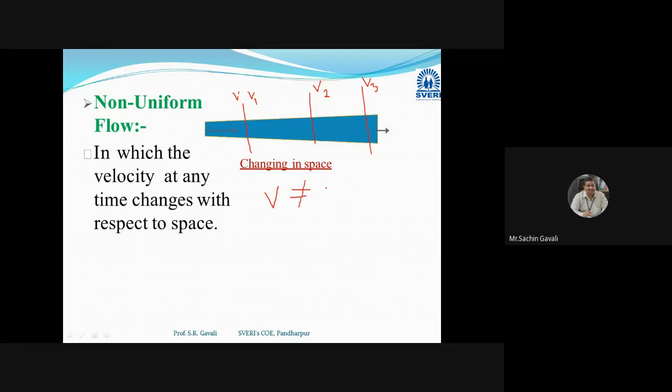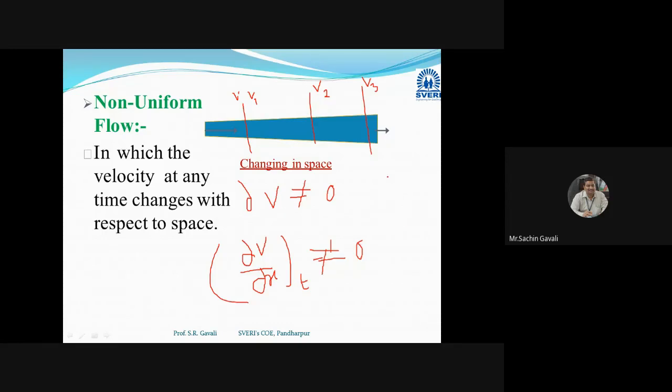Here it is called what? dv is not equal to 0. So there is change. For example, ∂v/∂x, velocity v along the x-axis, at the same time interval, t = constant, if it is not equal to 0, that type of flow is called non-uniform flow.